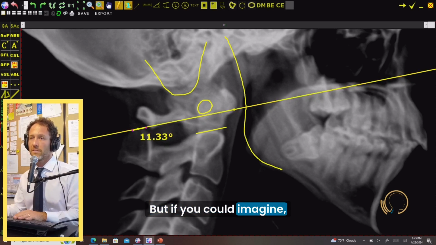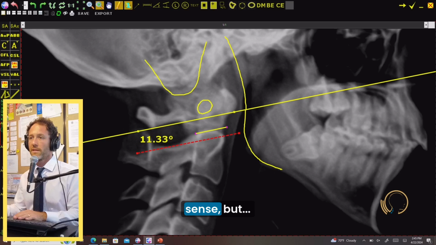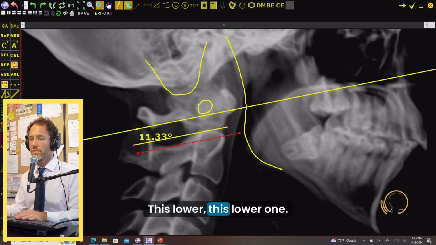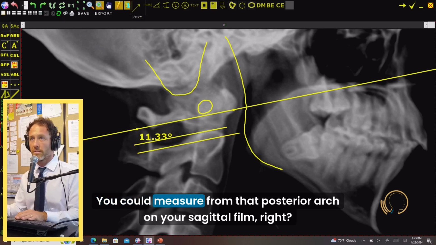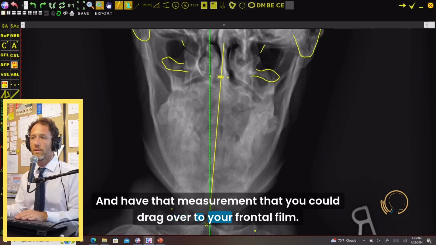But imagine, anatomically, I'll drag these lines out to make this make more sense, that just hypothetically her spinous process was actually down here, this lower one. You could measure from that posterior arch on your sagittal film and drag that measurement over to your frontal film.